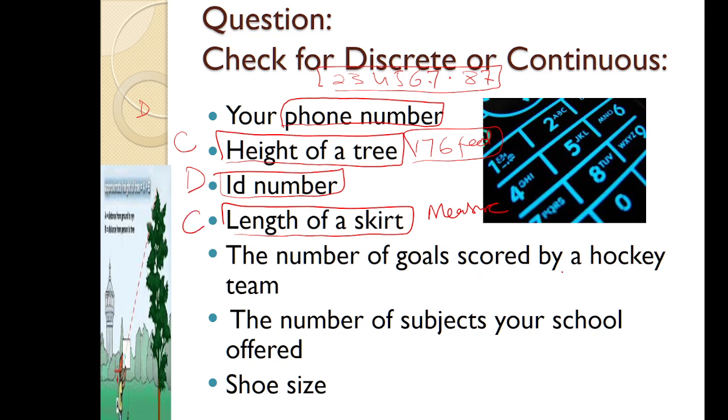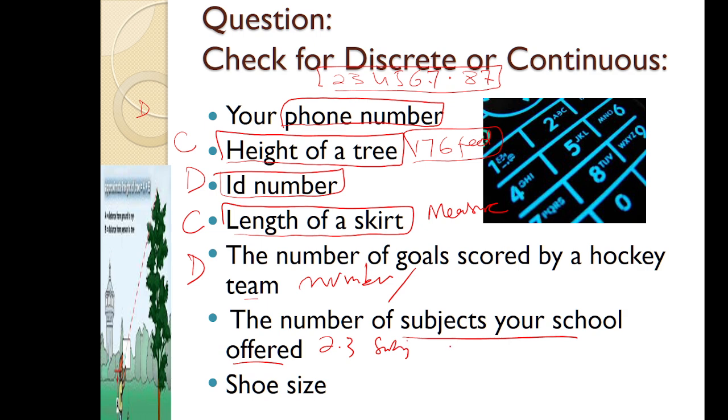The number of goals scored by a hockey team. The goals which they can score are a discrete number, it should be a whole number, not a decimal. The number of subjects your school offers. Can your school offer 2.3 subjects?